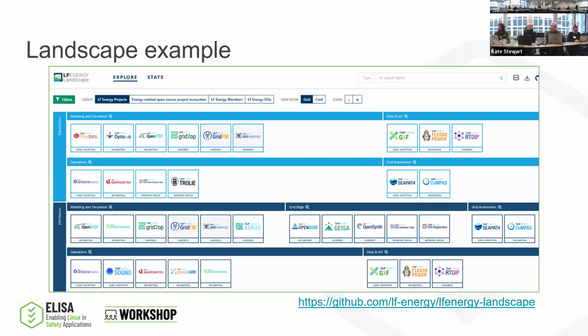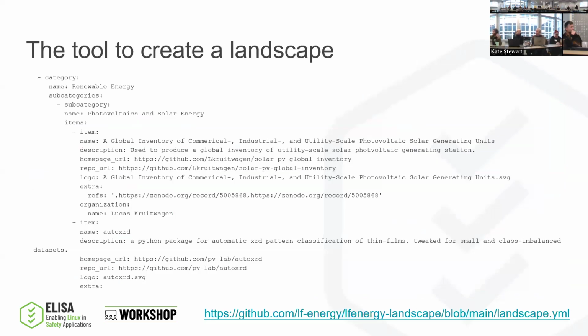And you see that they group with categories and subcategories, and it's all based on the YAML description in there. So it's basically a YAML file describing the landscape. You come up with categories and subcategories. If there's nothing in there, you keep things empty. You make descriptions, link things.